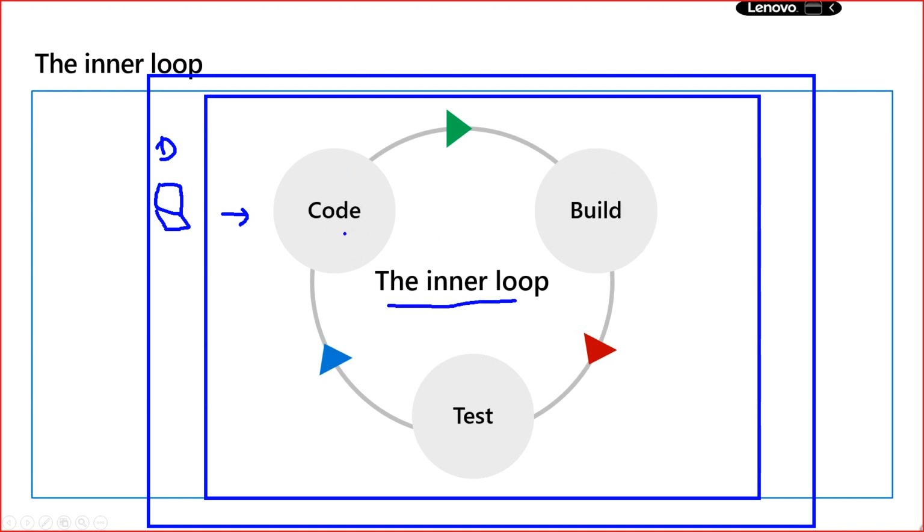The developer is going to code, build, and test. They do this activity in their day-to-day work: they build the code, develop the code, and test the code. And as you remember, DevOps is a continuous process, so at each layer we always look for feedback from all those steps.